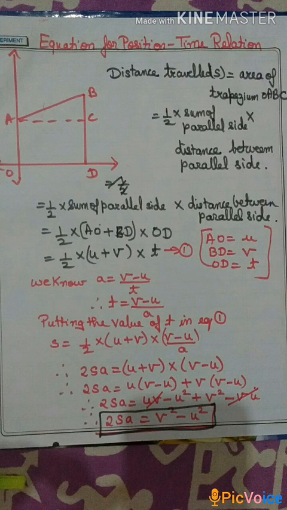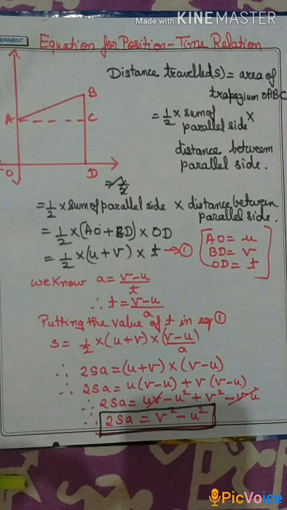OABC. Now, what is the area of a trapezium? The formula for the area of a trapezium is half into the sum of parallel sides into the distance between the parallel sides. Now, over here the trapezium which I have shown you is OABC.